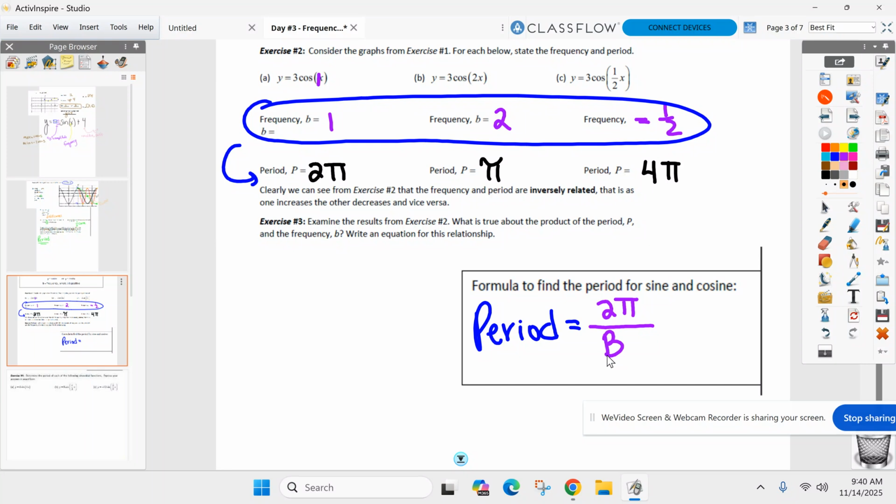That's how you calculate the period of a graph, how long it will take before it starts repeating. You take 2 pi always and divide it by your B value. That's something you got to memorize, the only thing I'll have you memorize here as far as formulas go.